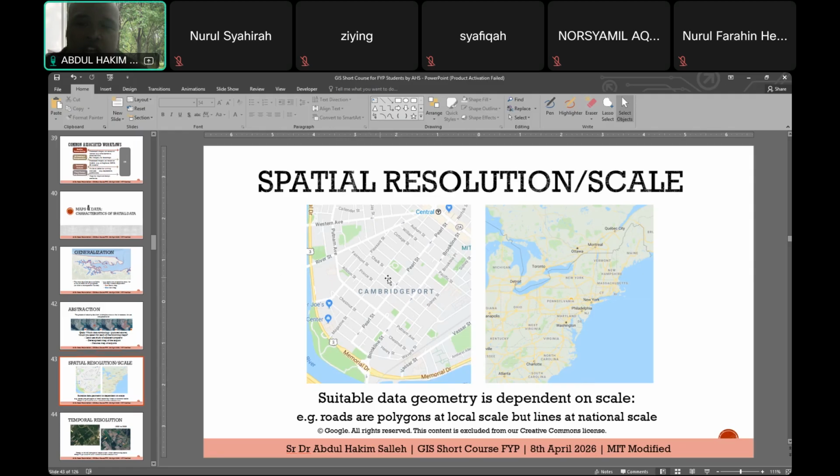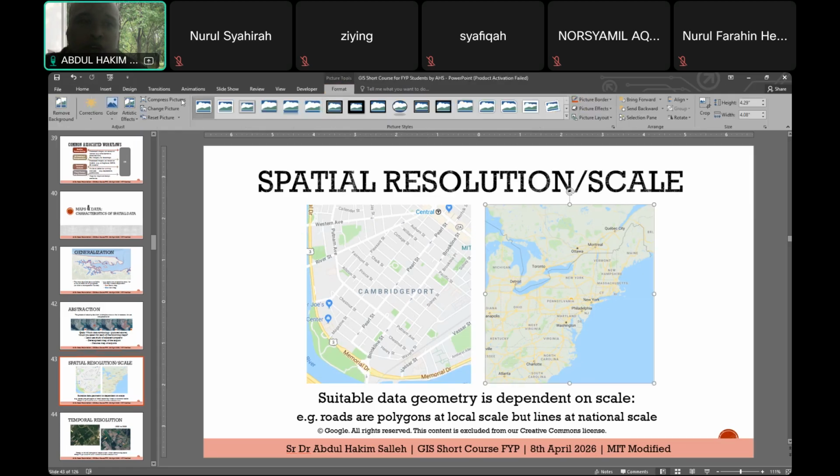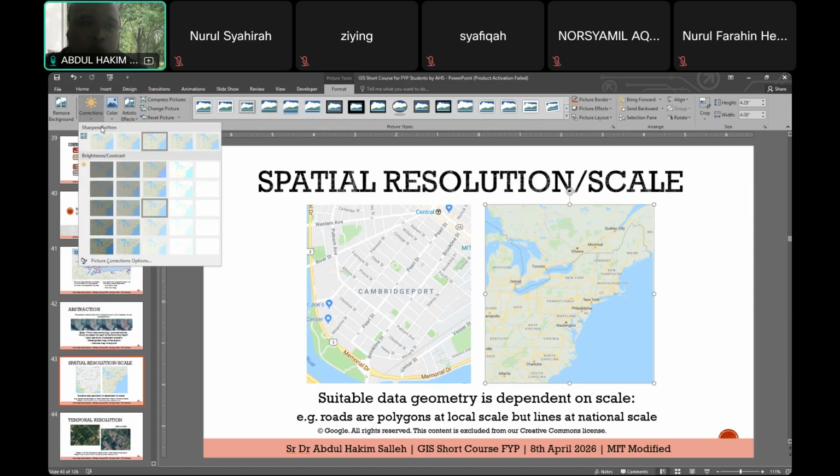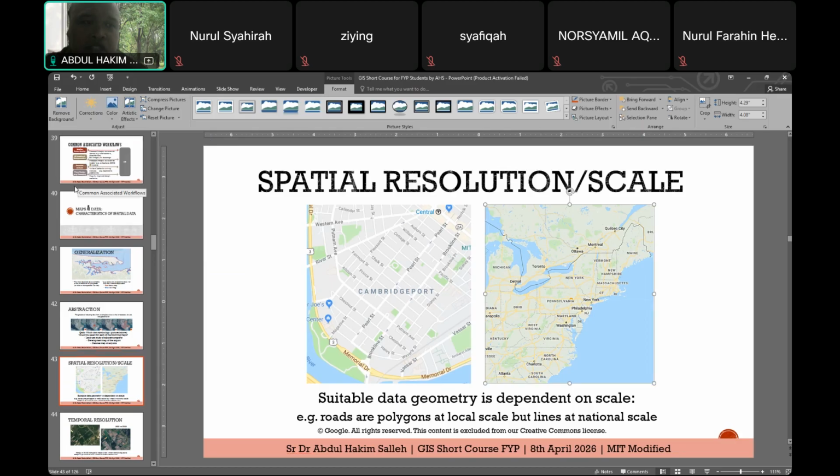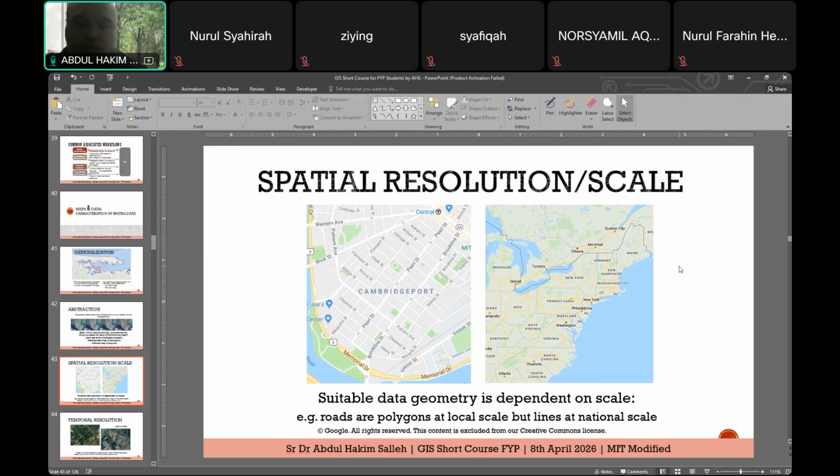That's why if you zoom out, you will be given only the yellow road, which represents the major road that is connecting between states, or between areas, regions, for example.